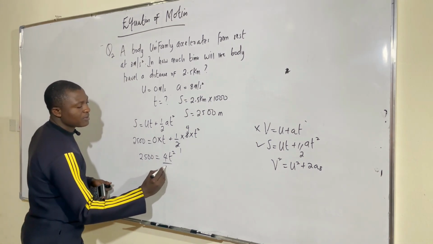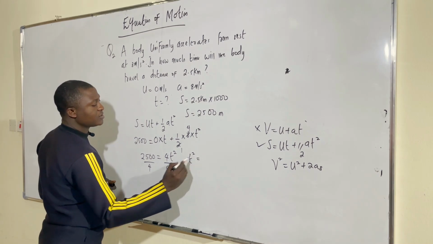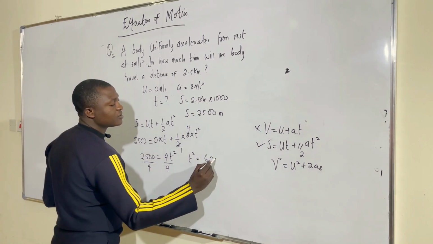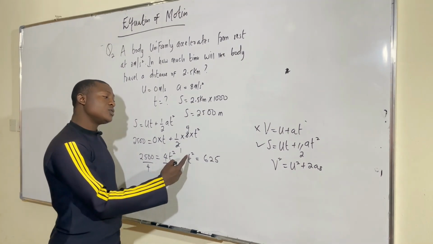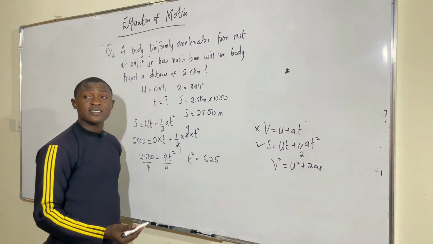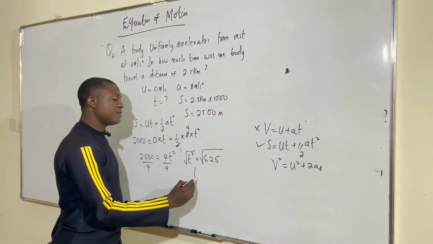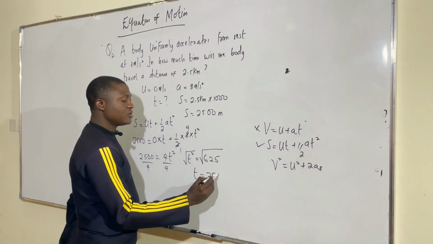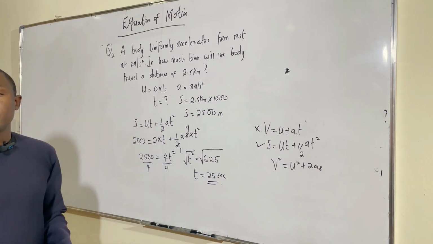So divide both sides by 4. So here we have t squared is equal to 2,500 divided by 4, we are going to have 625. Now, what we have here is the square. So the only thing that can cancel square is what? Yeah, square root, fine. So if I square root both sides, we have t is equal to the square root of 625, which is going to give us 25. So that means our time is equal to 25 seconds.